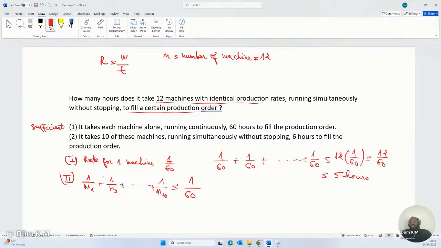And this is identical, so M1 and M2 are the same thing, we can call it M. So we simply say 10 times 1 over M, where M represents the time of each machine, is equal to 1 over 6, since it takes 6 hours to fill.